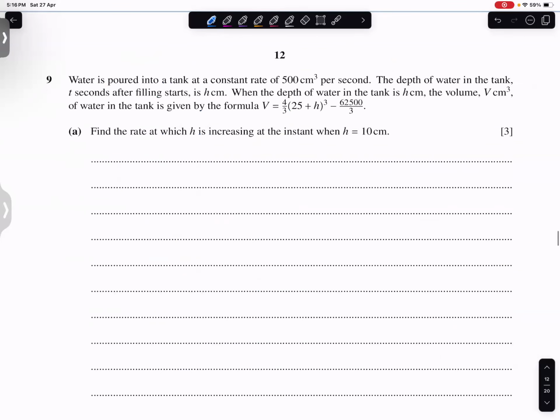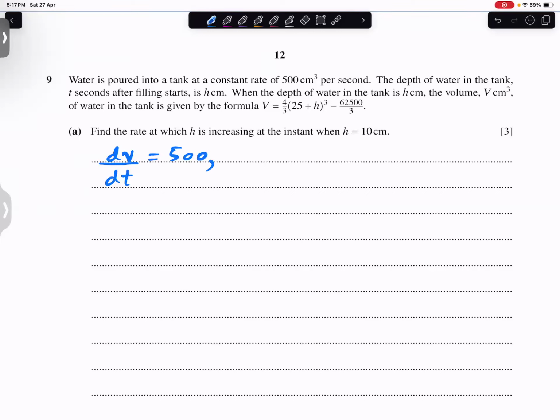Okay, question 9 now. Water is poured into a tank at a constant rate. It means that dV by dt, the rate of change of volume, is given. So it is 500. The depth of the water in the tank t seconds after filling starts is h.